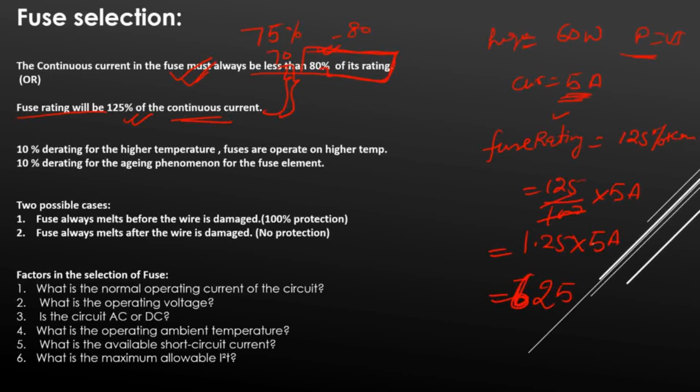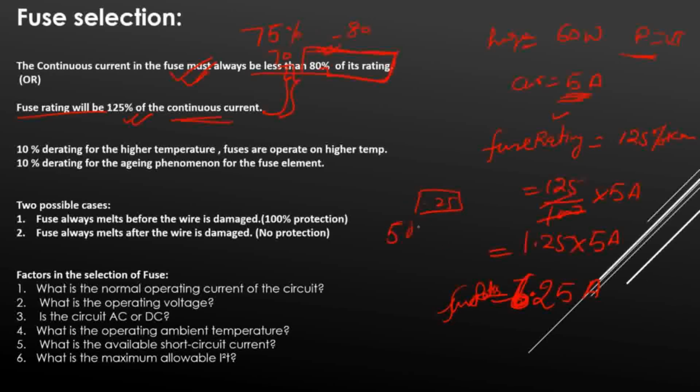So 5 into 1.25 comes to 6.25. This is what the fuse rating should be. But you know from previous slides that fuses do not come in decimal values.